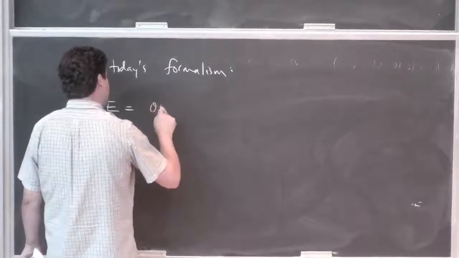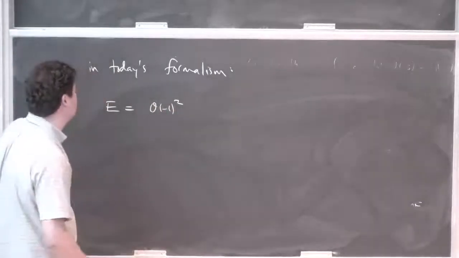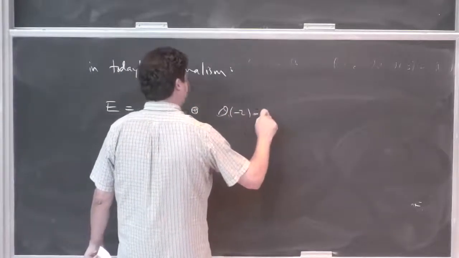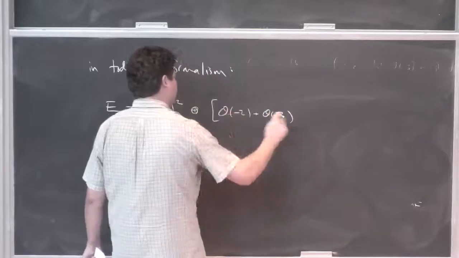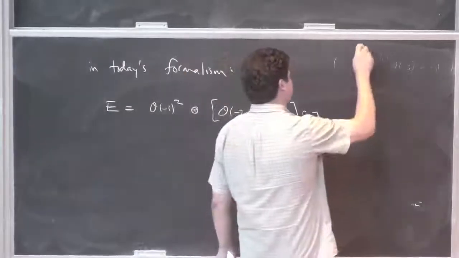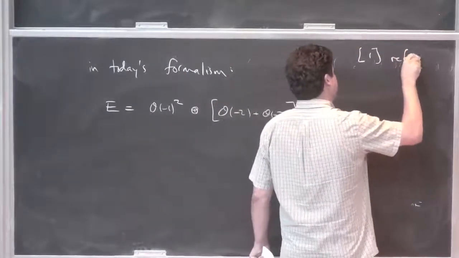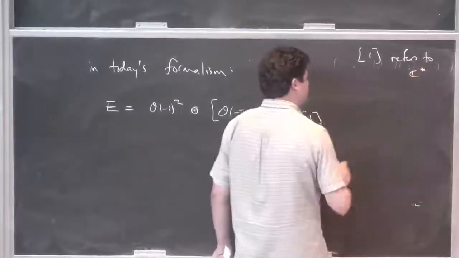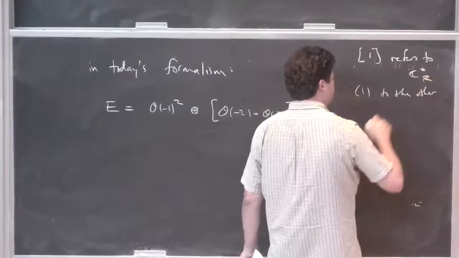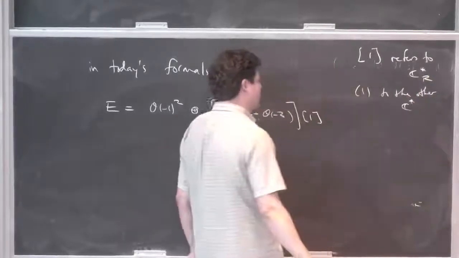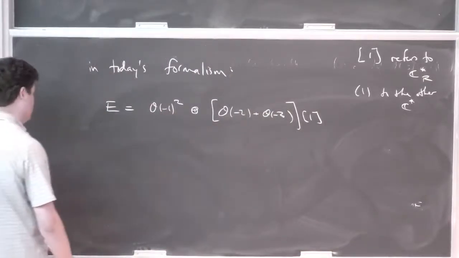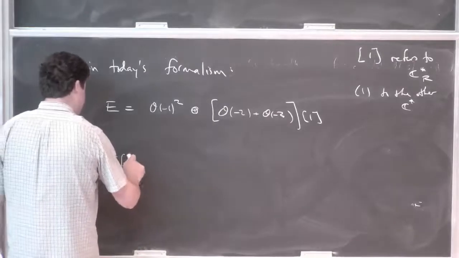I want to take O(-1) squared plus O(-2) plus O(-3) shifted by 1. Remember, the square brackets refer to one C star, and the round brackets to the other. This one is the R charge to the other C star. So E shifted by 1.